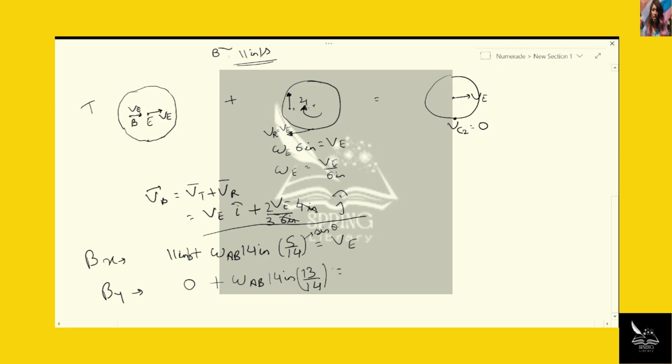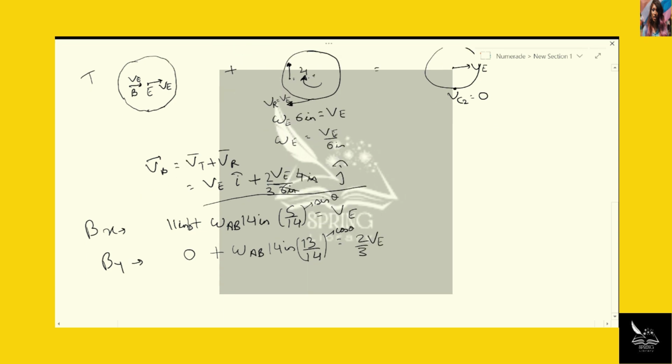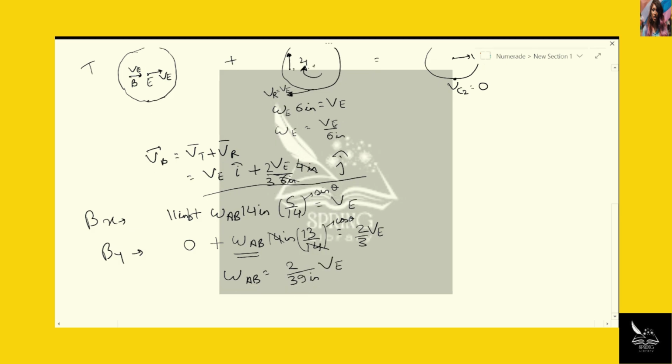This is sine theta, this is cos theta, and this is going to be 2/3 VE. Since we want VE, let us get omega AB in terms of VE. The 14 cancels, and 13 will come down, so omega AB is 2 by 39 inches VE.